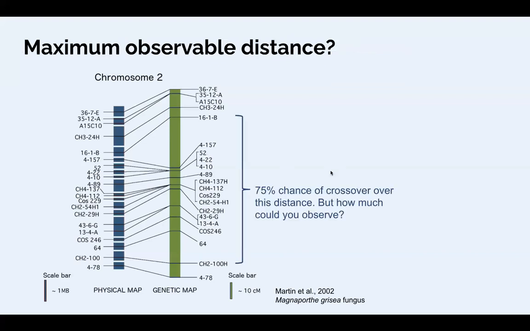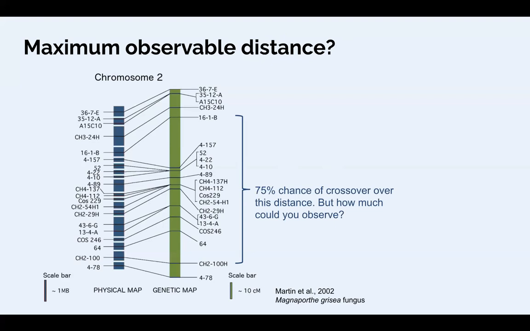All right. Another thing, one of our last topics here, is that there's an upper limit to the amount of crossing over you can observe. So for example, here I've chosen a distance that's about 75 centimorgans, or 75% chance of crossing over. That means that crossing over is going to happen in that space about 75% of the time.